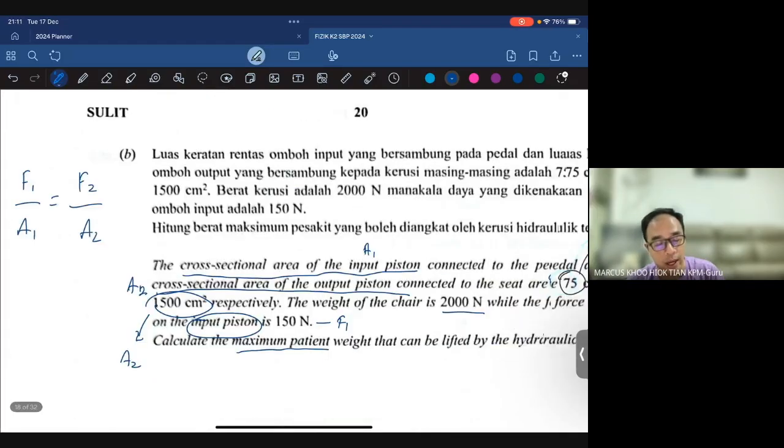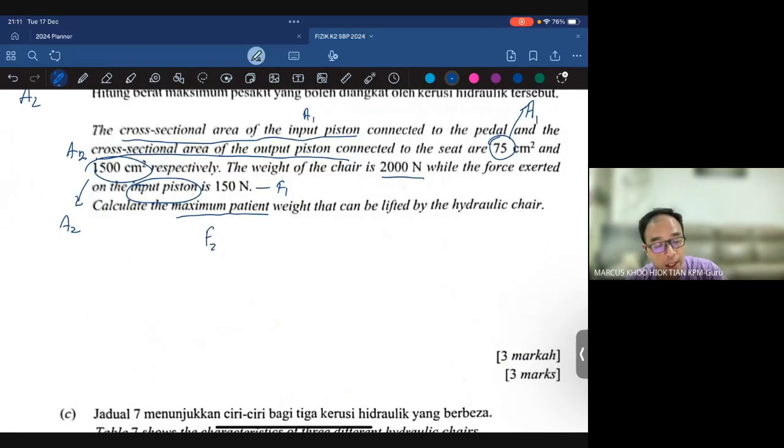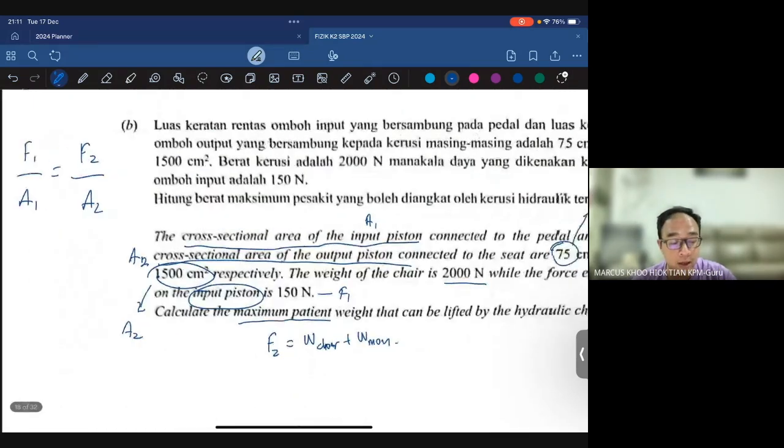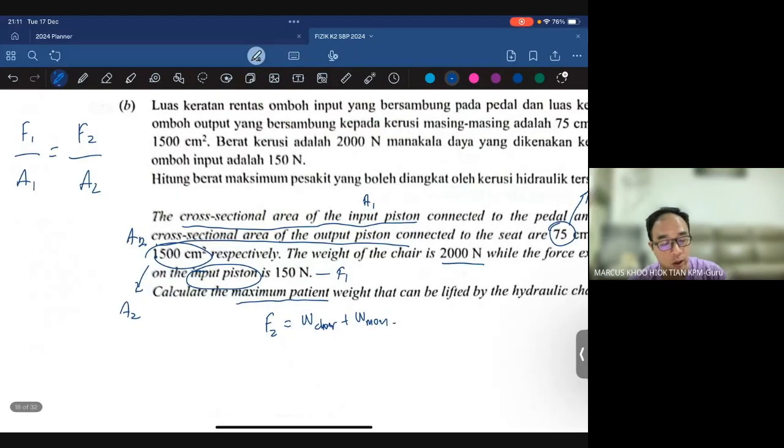Okay, so our F2 becomes the weight of the chair plus the weight of the man. So if we substitute into this formula, you get 150 over 75 equals the weight of the chair, which is 2000, plus the weight of the man over 1500.